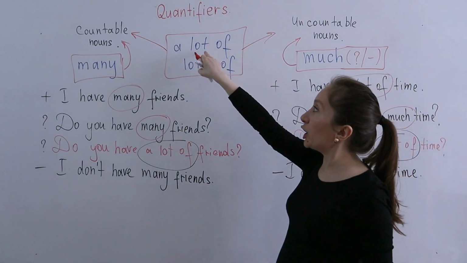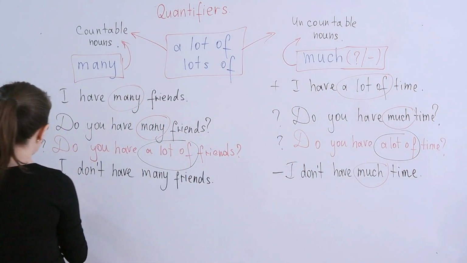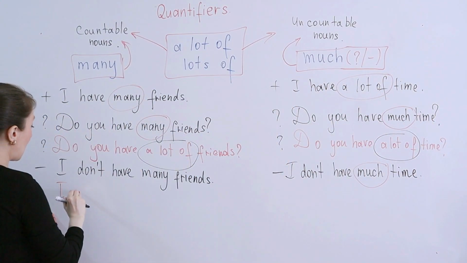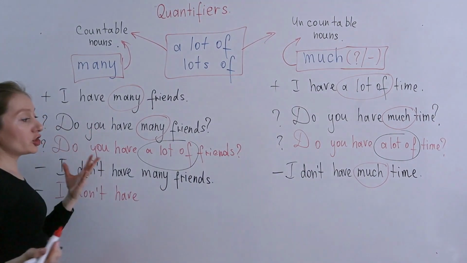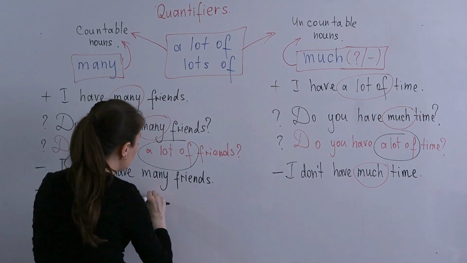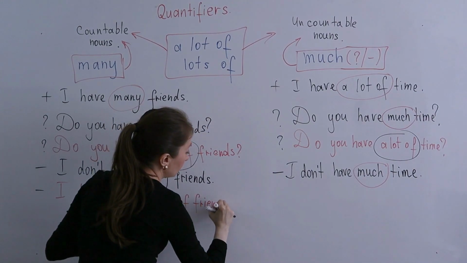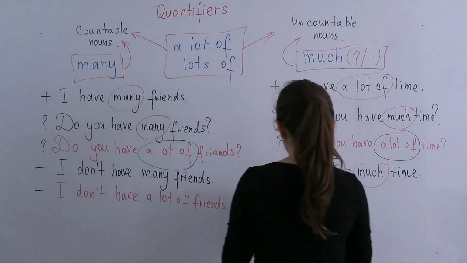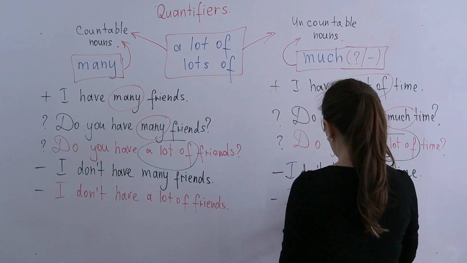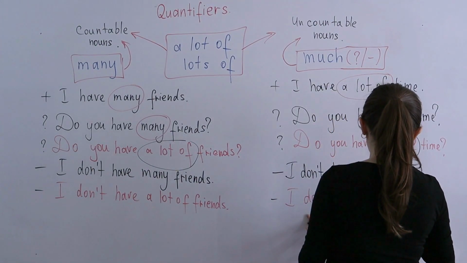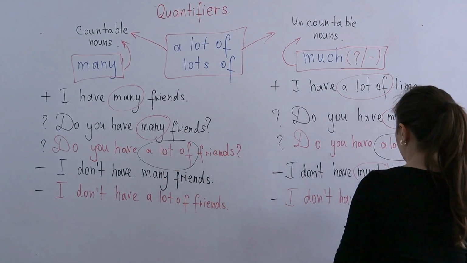Plus, let's use a lot of again with countable and uncountable nouns. Like extra. I don't have what? Lots of friends or a lot of friends. A lot of friends. And here the same. I don't have a lot of time.